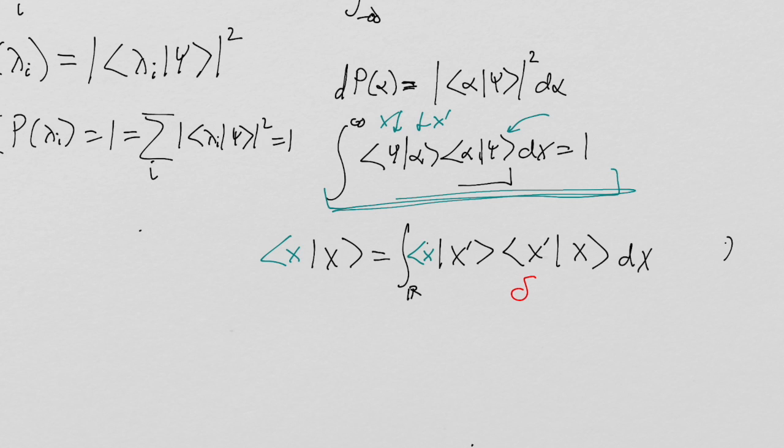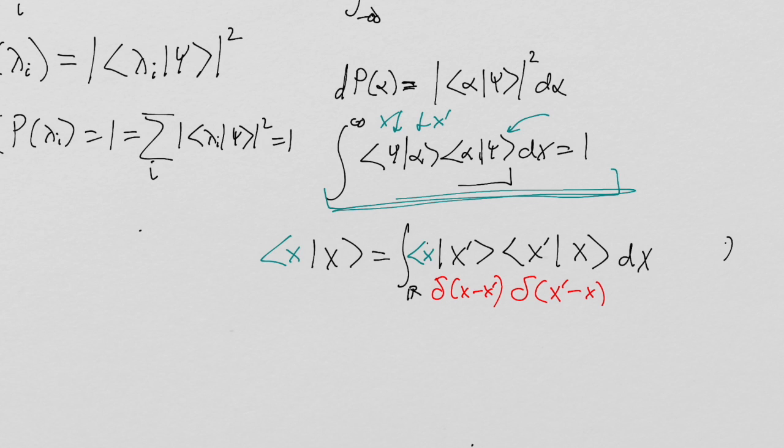Right? So I know that this guy is x prime minus x, and I know that this guy is delta x minus x prime, right? The problem is that when I execute this integral, I can execute it over one of these delta functions.